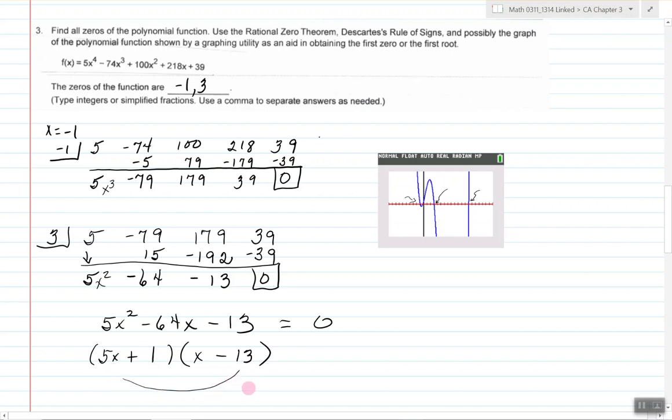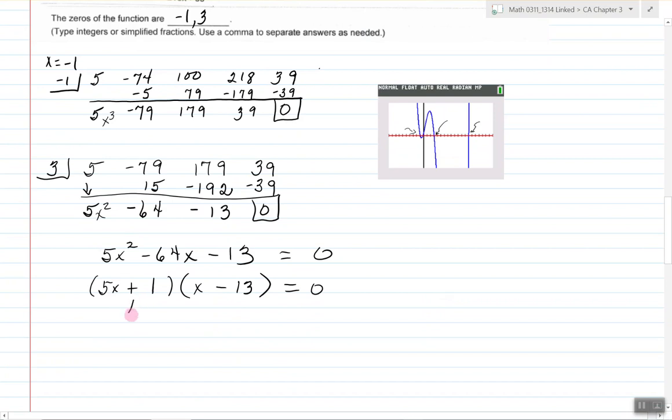That gives me minus 65x and plus 1x, which gives me negative 64x. Those are correct. You could be doing this by the quadratic formula. If 5x plus 1 is 0, then 5x is negative 1, x is negative 1/5. If x minus 13 is 0, x is 13.